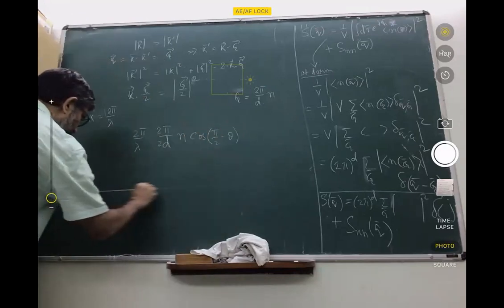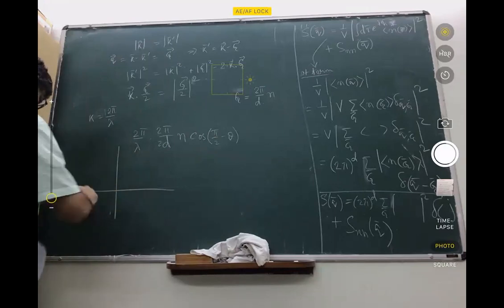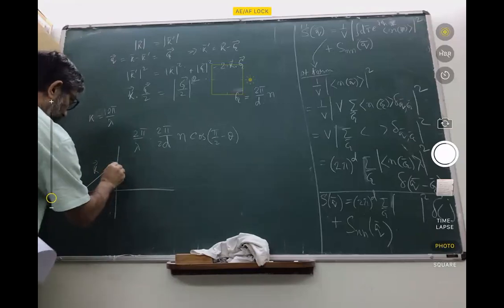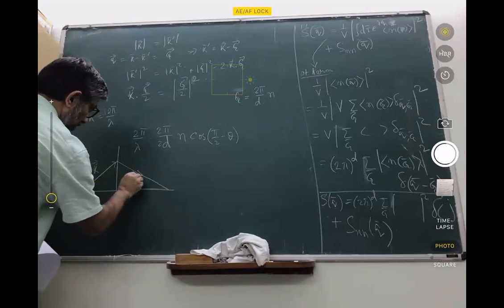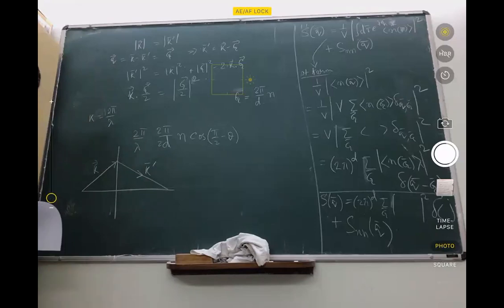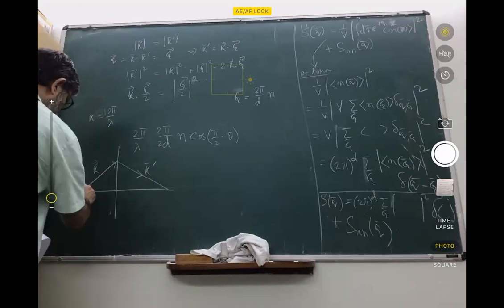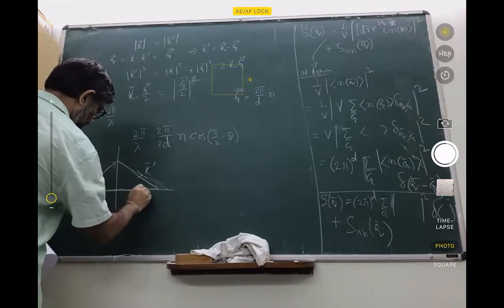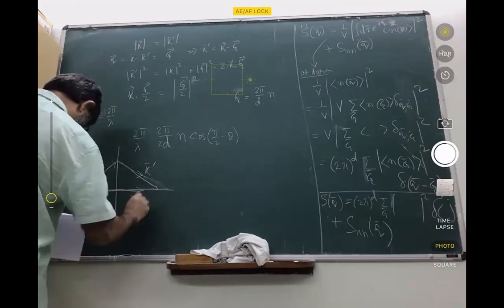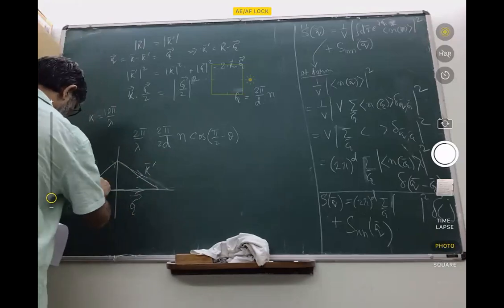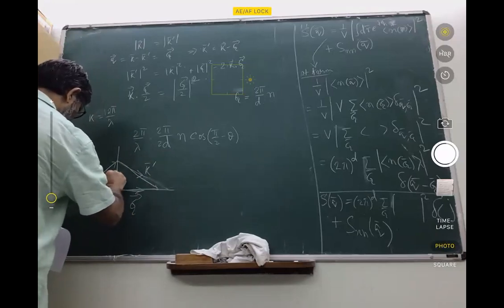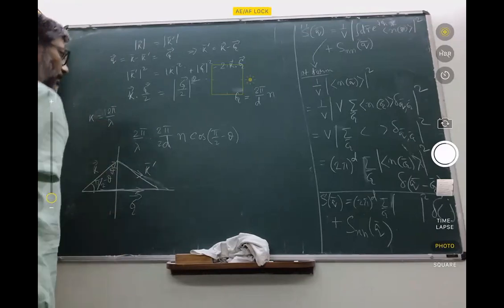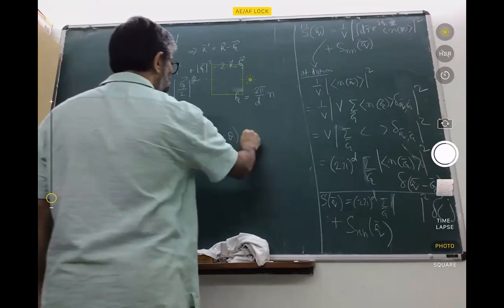So this is A. This is A. And this would be equal to twice.